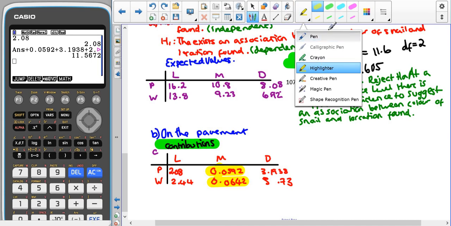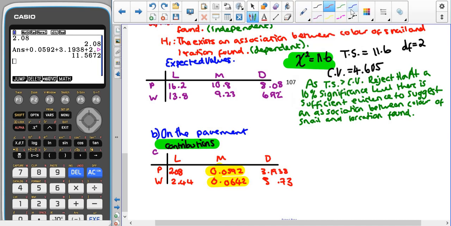So when we're writing a statement now, it's a good idea to try and bring up those two. So remember that we're trying to explain why the location that we find the most light ones might not necessarily be the place where we were expecting to find the most light ones.